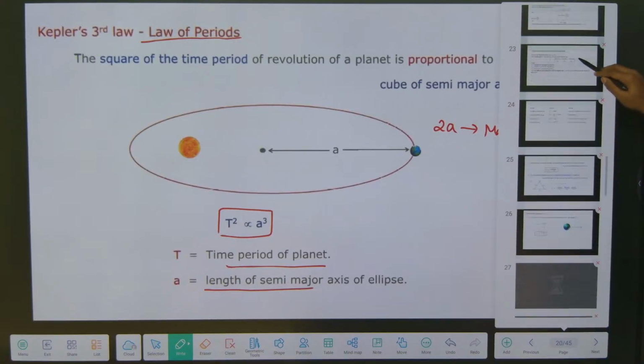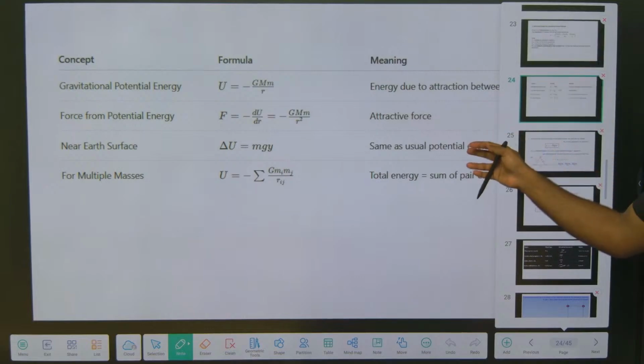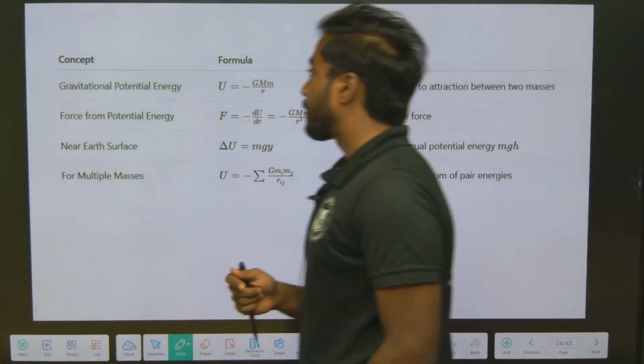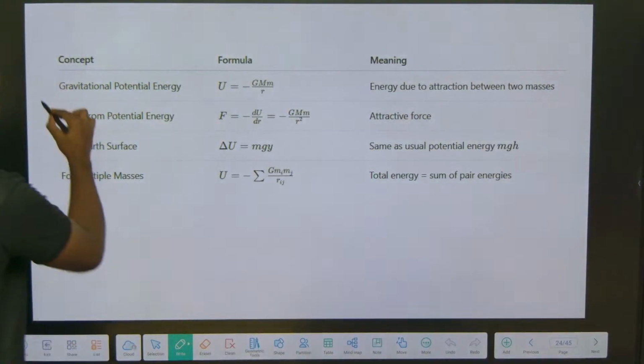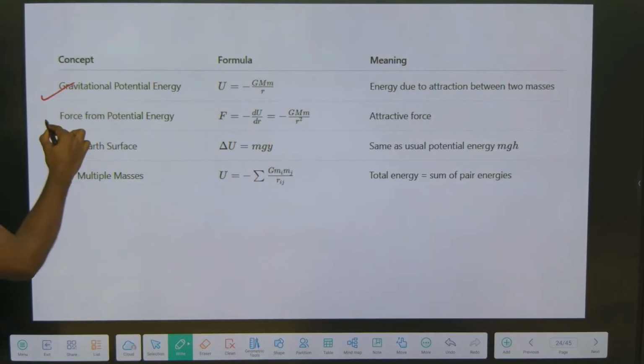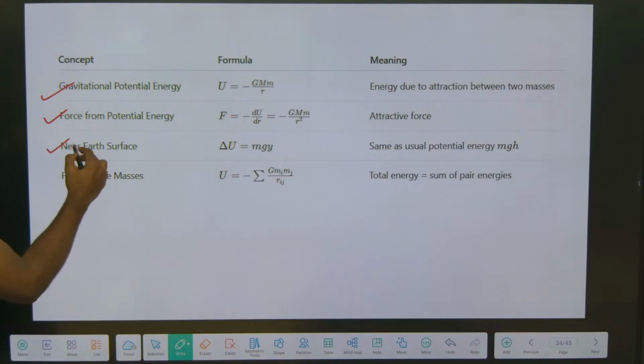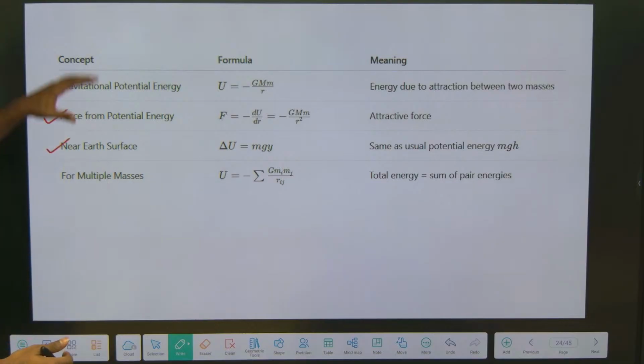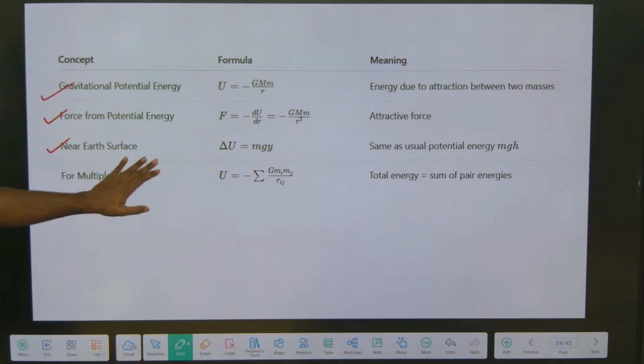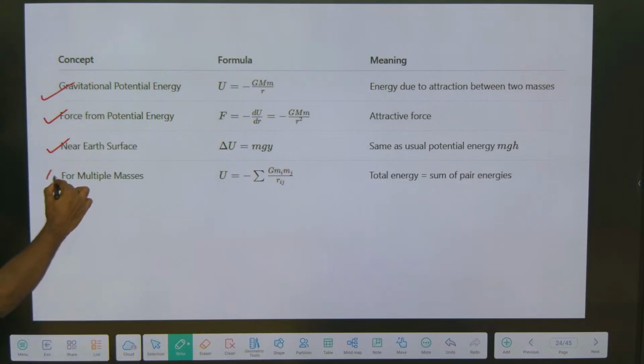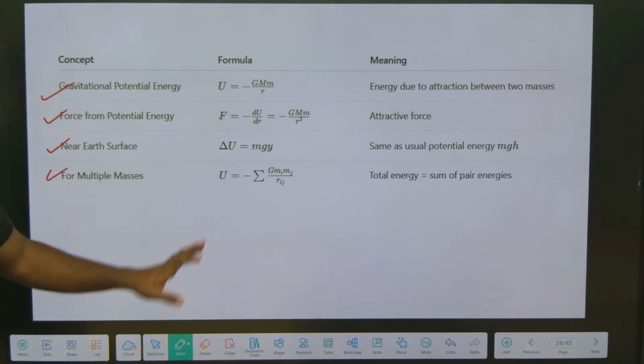So the next thing is given in a simple tabular column: gravitational potential energy, next force from potential energy, and next the potential energy near the earth's surface. Everything talks about potential and potential energy. For multiple masses, what will be the potential energy?